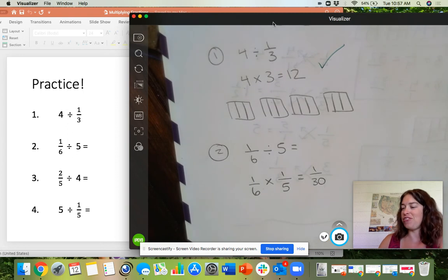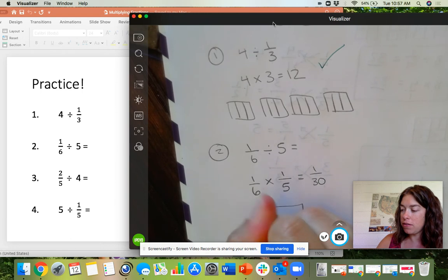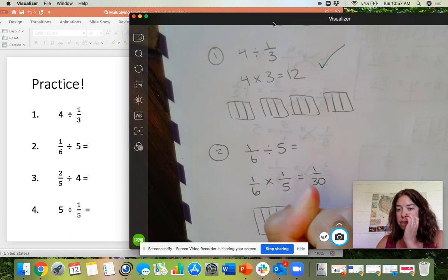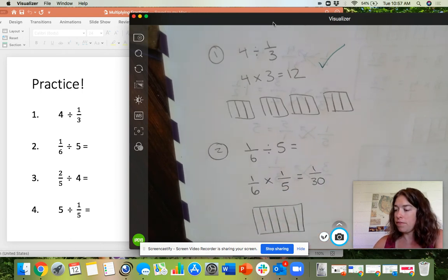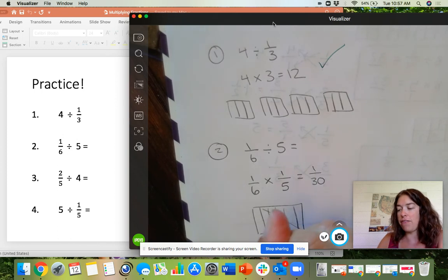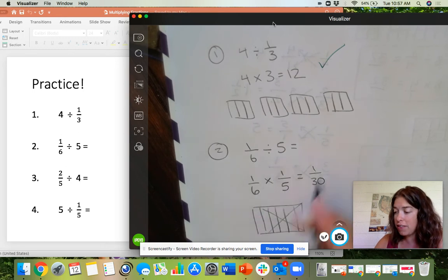Let's draw a model just to prove it. If I was starting with 1/6, like I only have this amount right here, and now I have to divide that by 5 people. So I need to divide this.